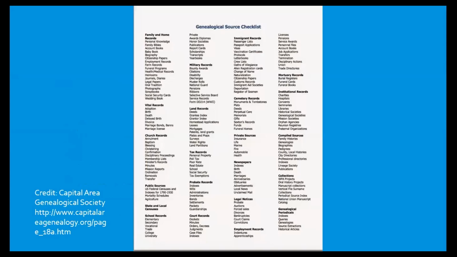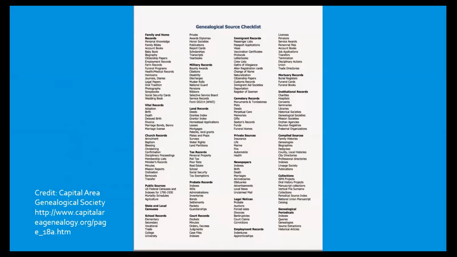So if you're at a point where you don't know what types of records to look at next, find yourself a research checklist, somewhat like the one that I'm showing on screen here. I found this just by Googling, and you can see the URL where I got it. It was from the Capital Area Genealogical Society website. And look at that list.